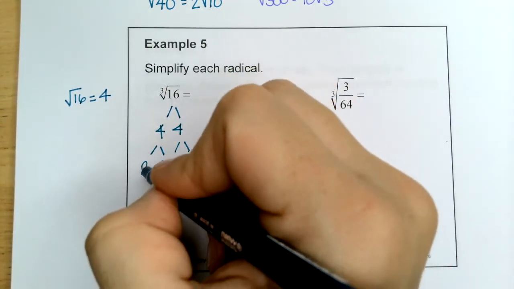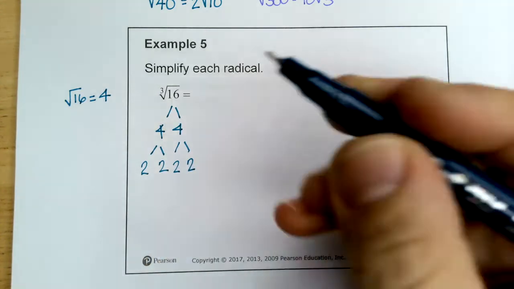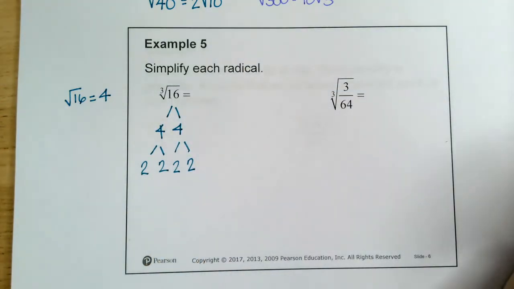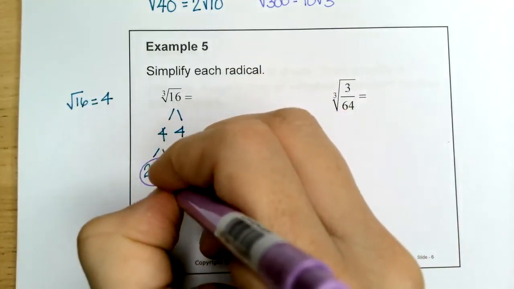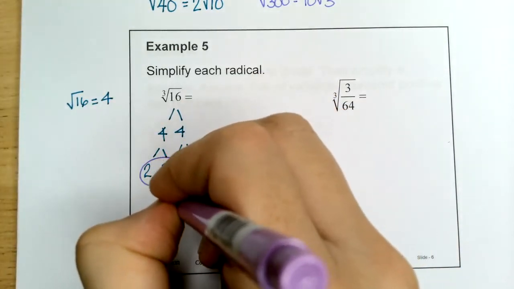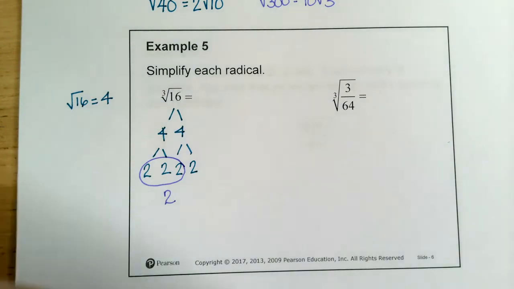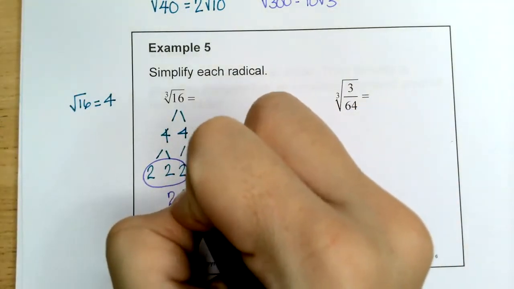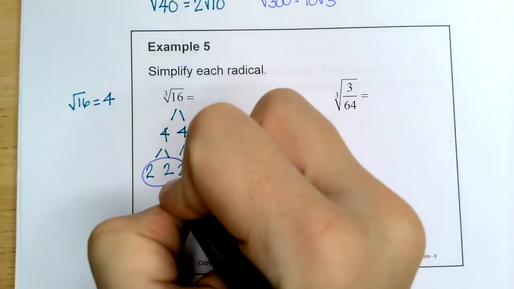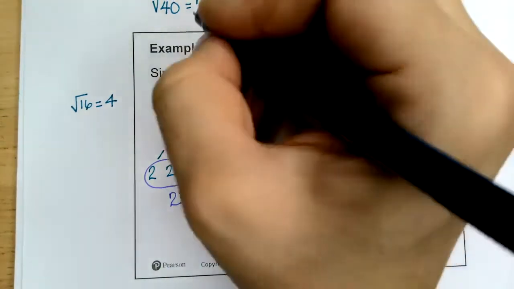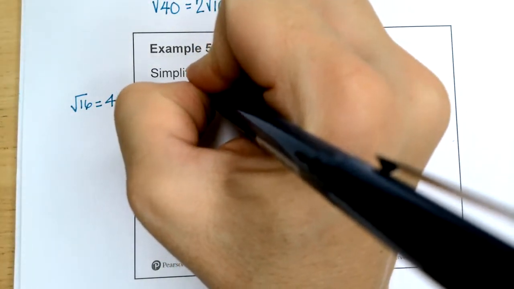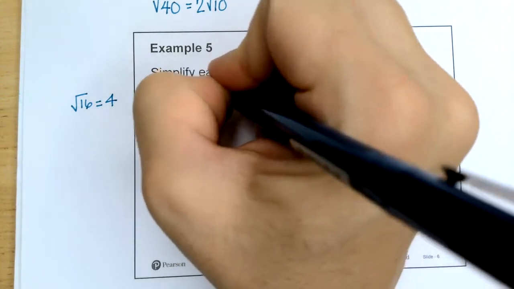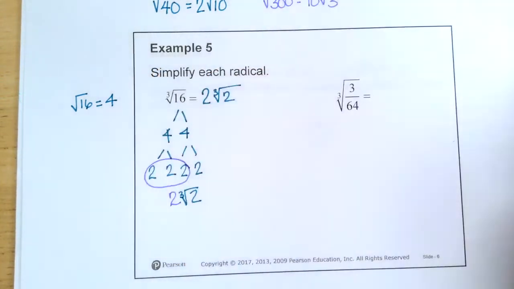Now it's prime because 2 times 2 times 2 times 2 is 16, and I can't simplify 2 any further. Cubed means I'm looking for groups of 3. So this becomes 2. And then the last 2 I have to leave. So, yikes, don't forget that 3. So the cubed root of 16 is 2 times the cubed root of 2.